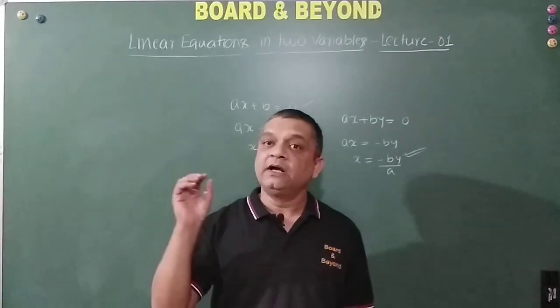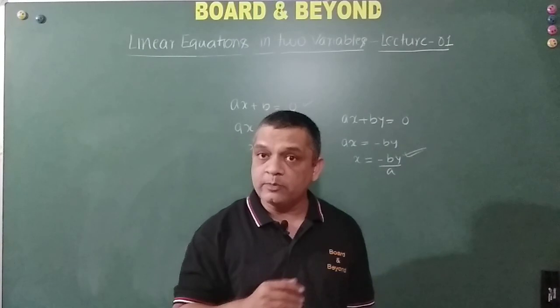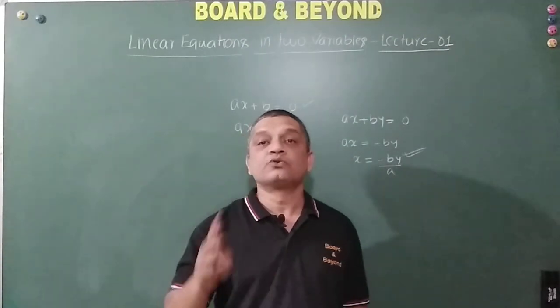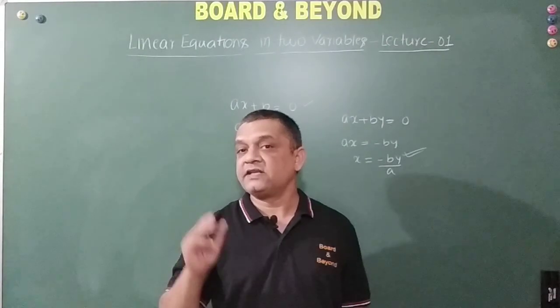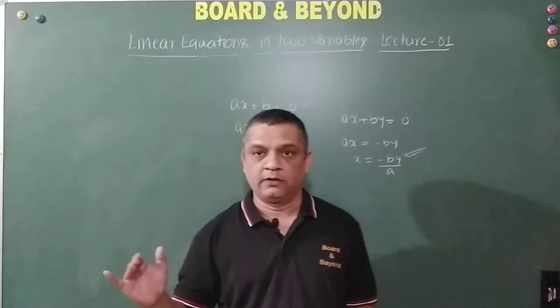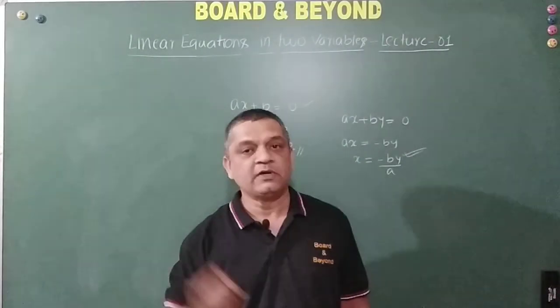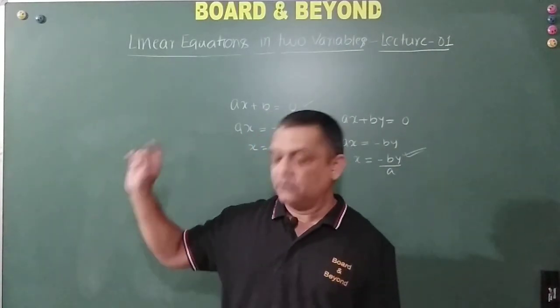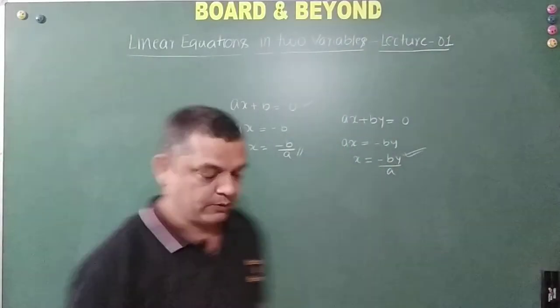So if I have a linear equation in n variables, then I must have n different linear equations to solve for the values of x, y, z and so on. Right? This was an important concept which I thought that I must tell you before actually going on to the topic which we left. Okay?